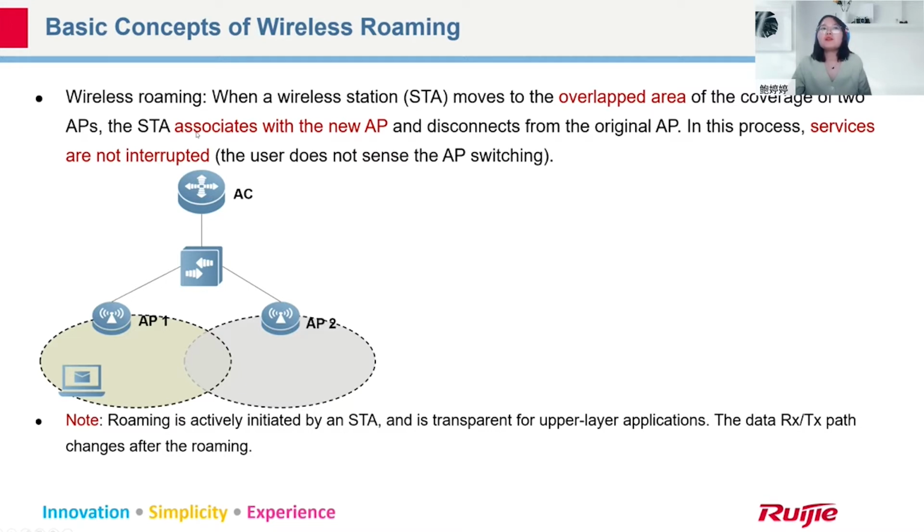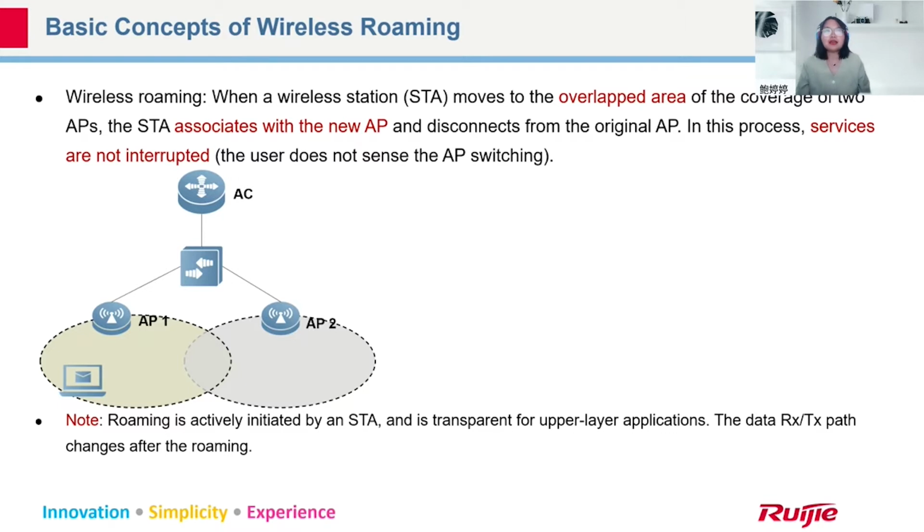The station will associate with the new AP, and in this process we disconnect it from the original AP. We hope the service is not interrupted. For the network, that means we still use the same VLAN and the same IP, but we can connect with a new AP and reach the same resources. So this is a requirement.